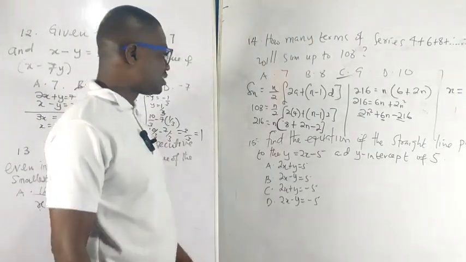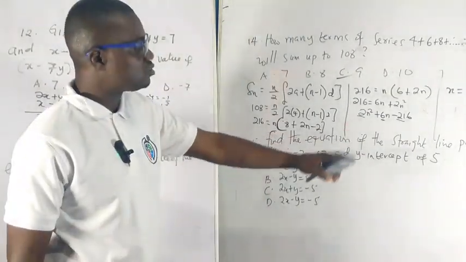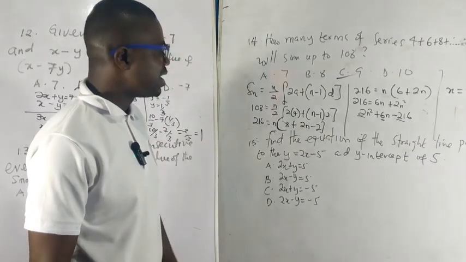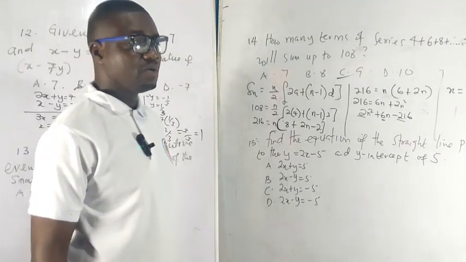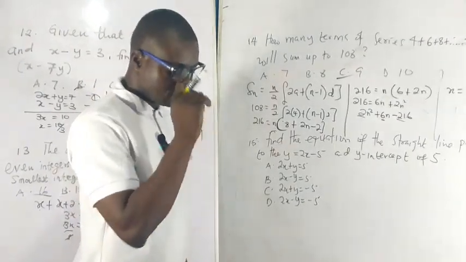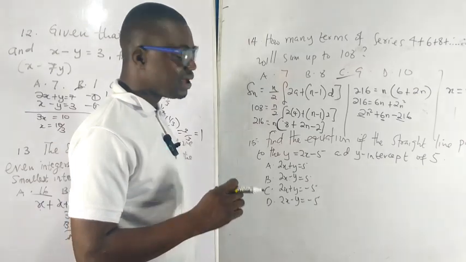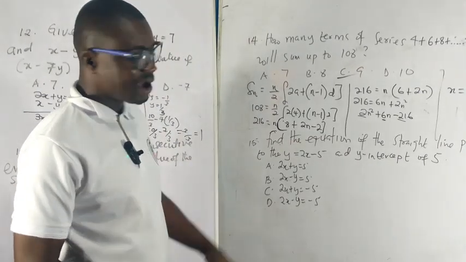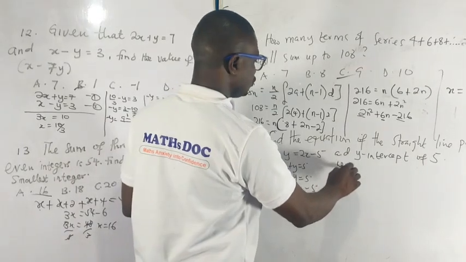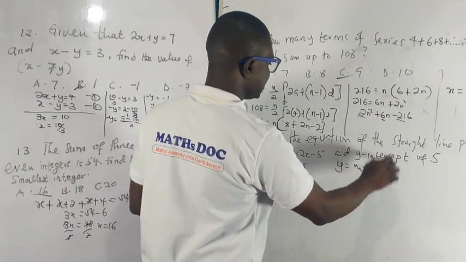Now let's come to the last part. It says find the equation of the straight line parallel to y is equal to 2x minus 5 and the y-intercept to be 5. Remember the y-intercept: when x is equal to 0, y is going to be 5. So here, we know that the equation of a line is y is equal to mx plus c.